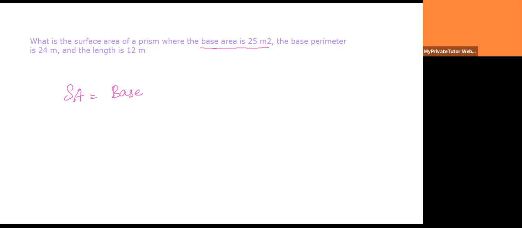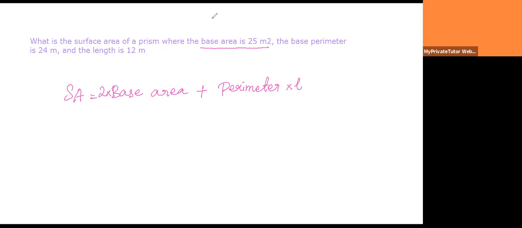This is a general formula. Since we have two bases, it is 2 times the base area plus the base perimeter times the length.